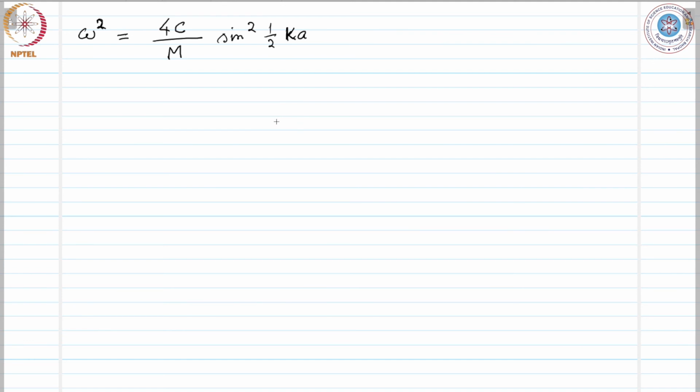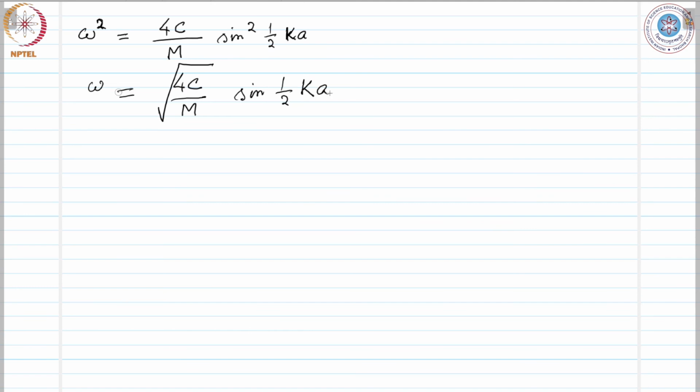And if that is true, then we can take the square root of this to find omega equals square root of 4C over m times sine of half Ka.